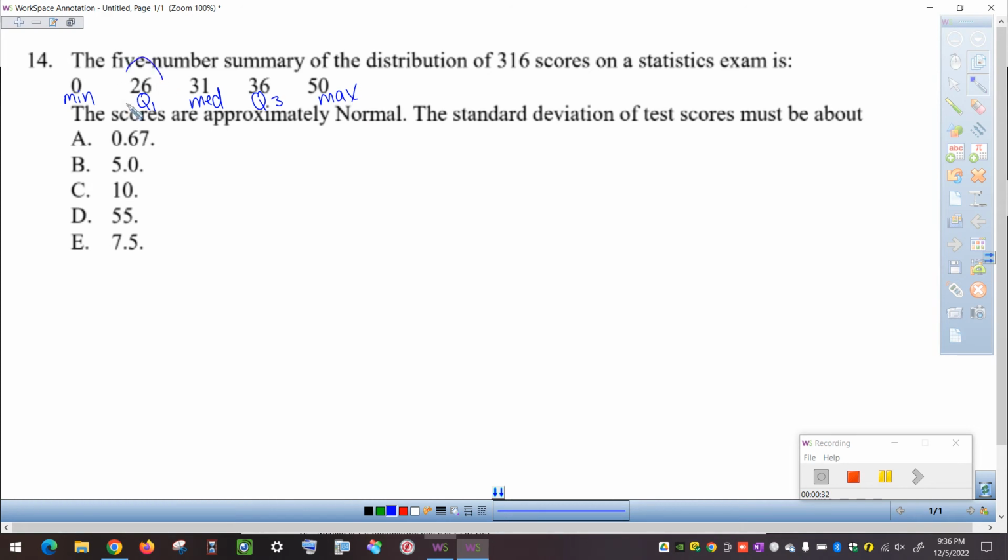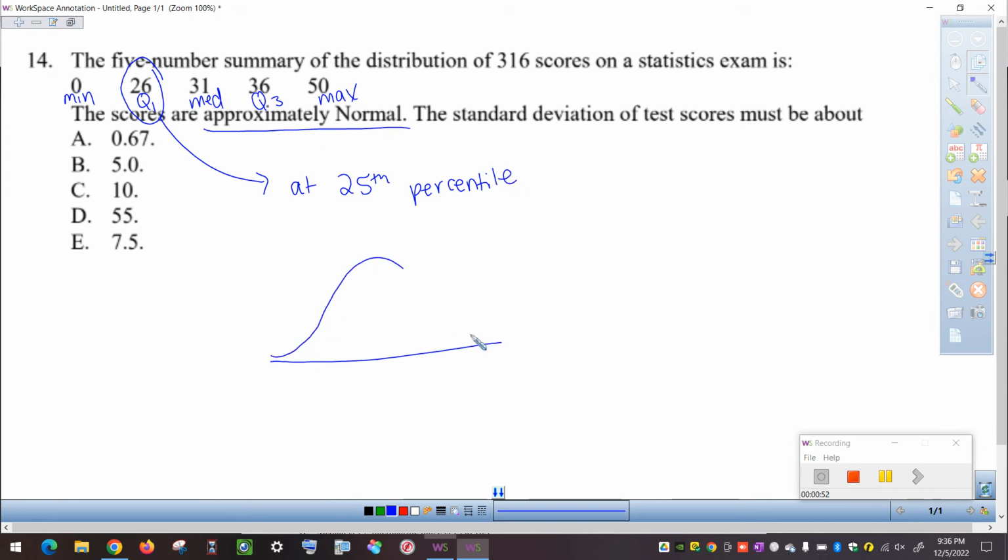So let's say that I were to look at one of these values here in the middle, like the first quartile being 26. Well, I know that quartile 1 is a value that is at the 25th percentile. I also know that these scores are approximately normal. So if I were to draw a picture and estimate about where the 25th percentile would be, I'm going to label that with the score of 26 that I'm given.